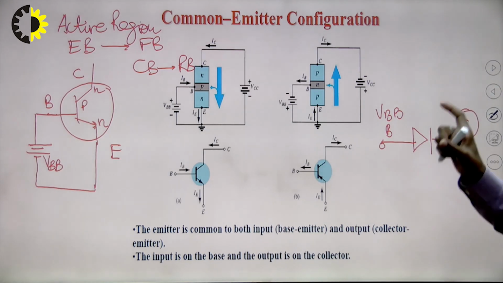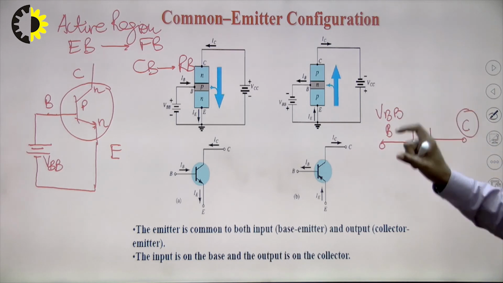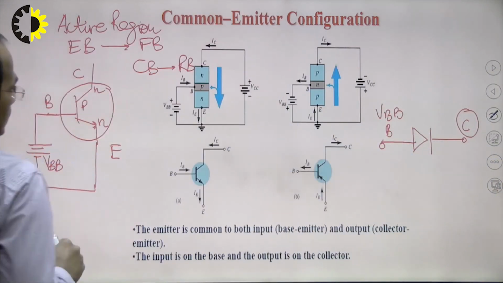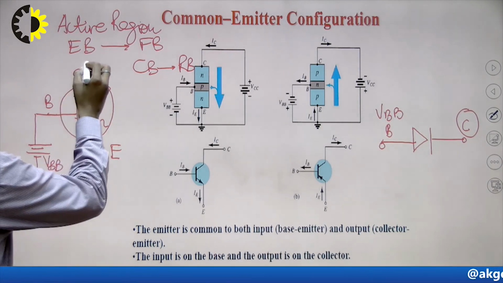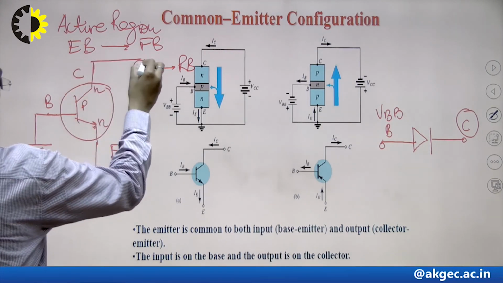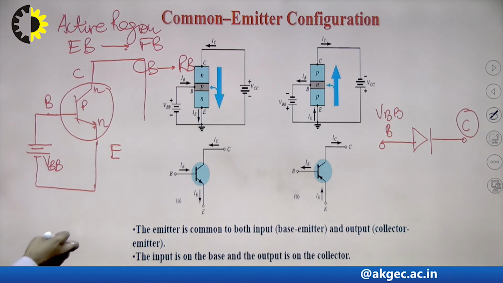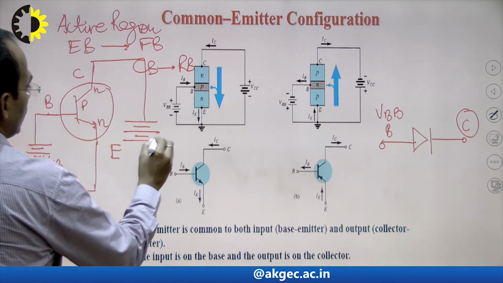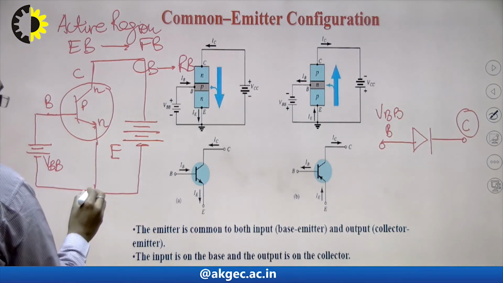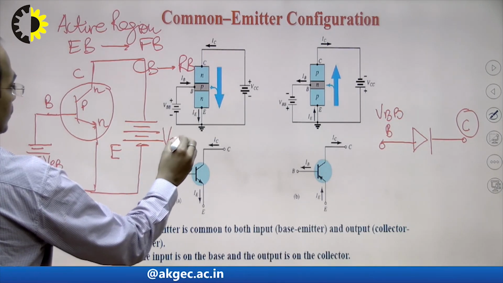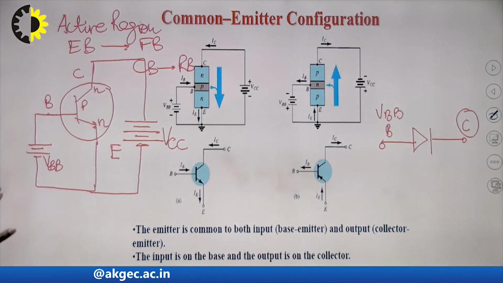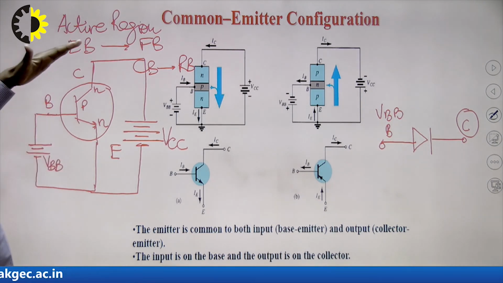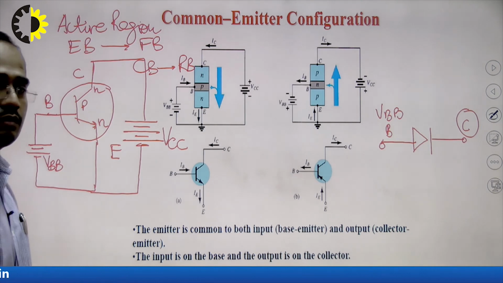So, by applying a greater voltage at the collector terminal, we can make the collector base junction reverse bias. We cannot show the numeric value here, so I will show that a greater positive voltage is applied to the collector terminal. This is VCC. In this way, the emitter base junction is forward bias and the collector base junction is reverse bias.